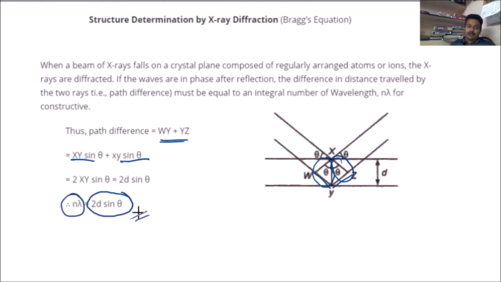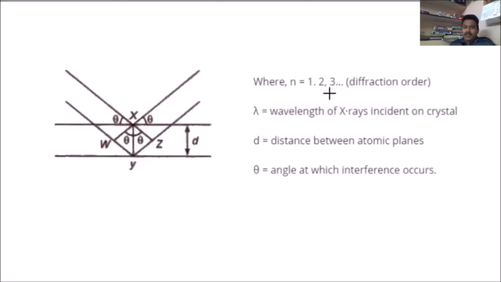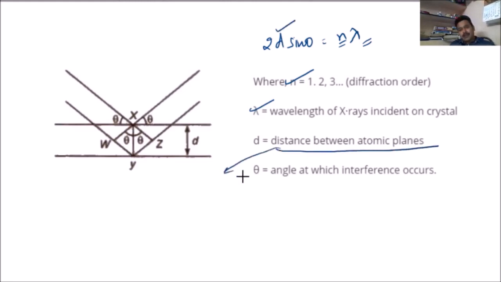In our textbook, what they can ask in your examination is to explain the terms in this equation, 2d sin theta is equal to n lambda. n is the diffraction order, lambda is the wavelength of X-rays, and d is the distance between atomic planes, otherwise you can also say interplanar distance.